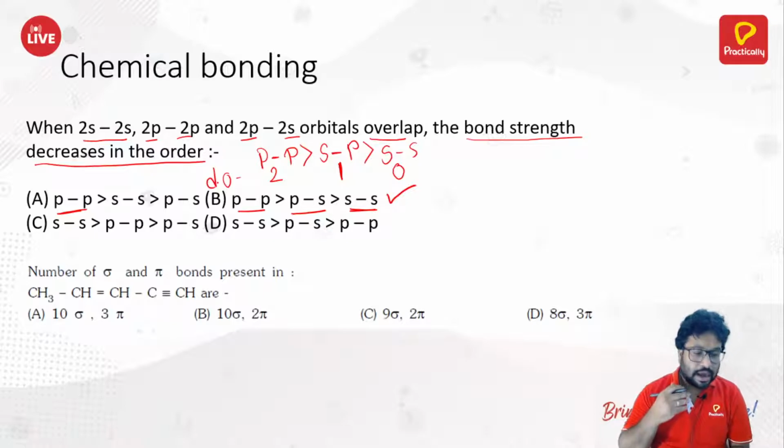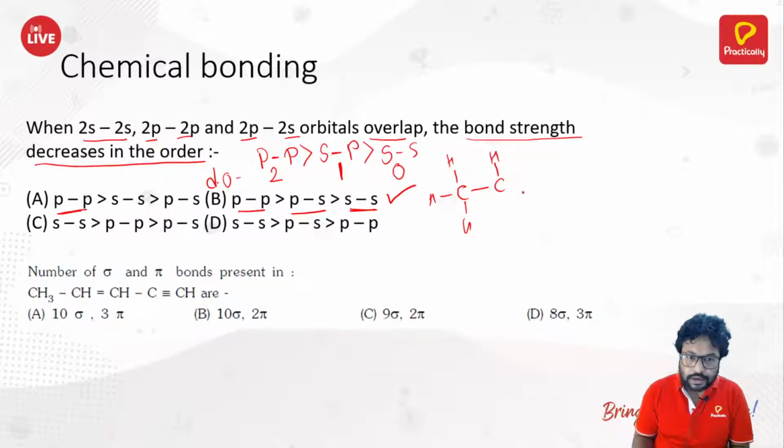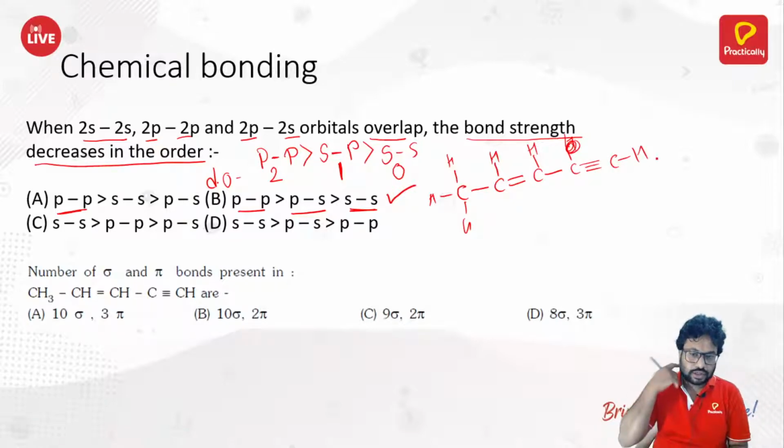Next, the number of sigma and pi bonds present in the following compound. How many are there? Let's write the structure. CH3, then CH double bond, CH, then triple bond CH, right?